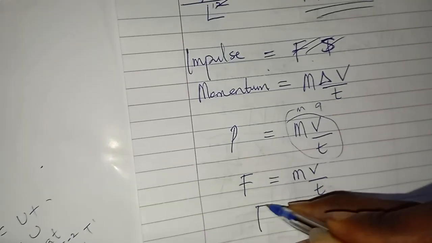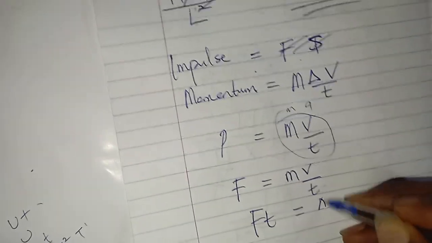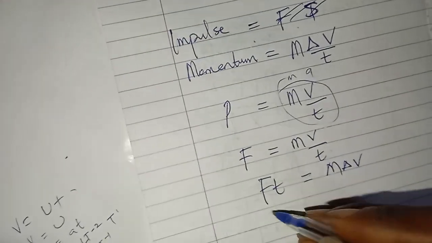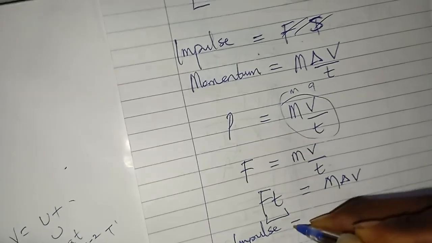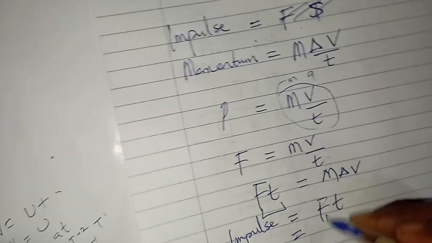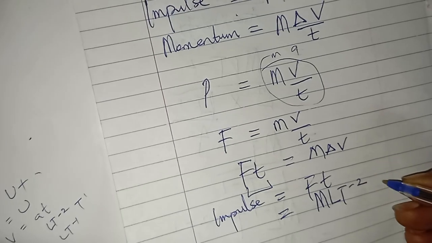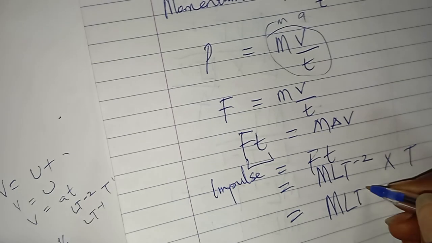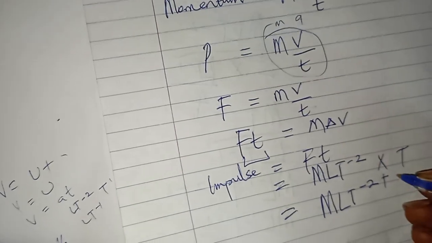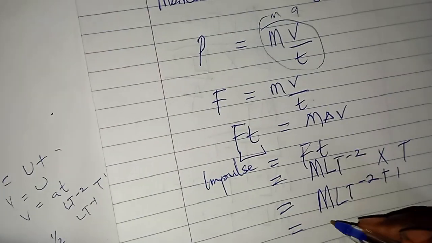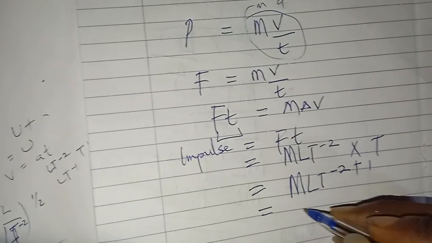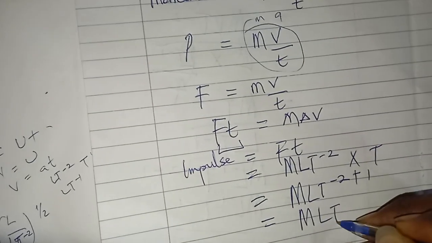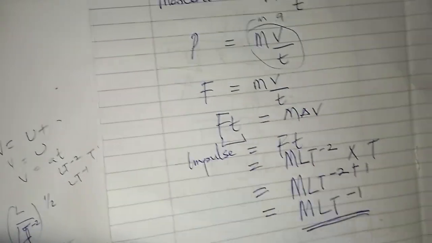So when you cross multiply, you have that Ft is equal to m change in velocity. So this F and t here is what we call impulse. Impulse is equal to force times t. So this is MLT^-2 times T, which is the same thing as saying MLT^(-2+1) using the product rule of indices. So this is MLT^-1. So this is the dimension of impulse.